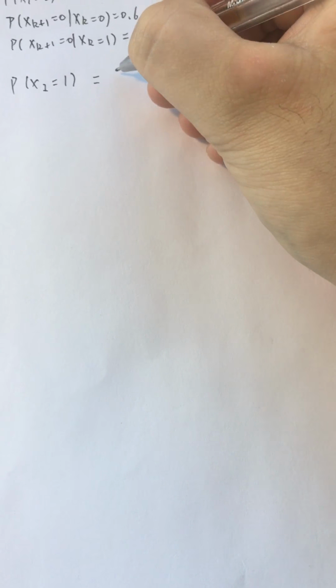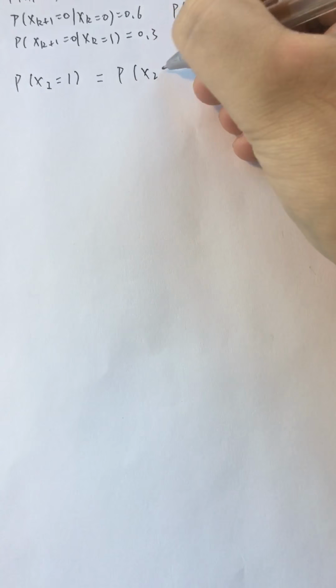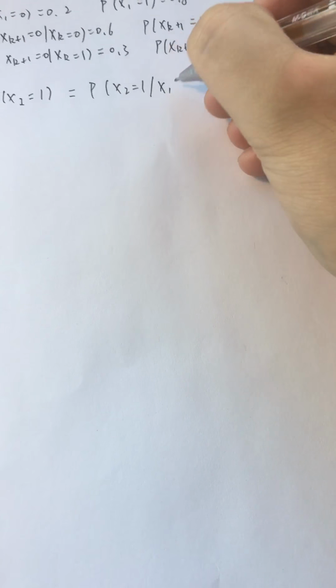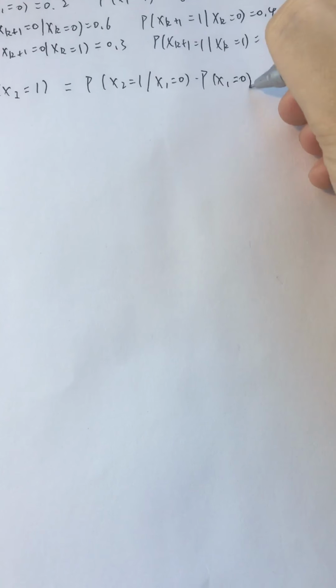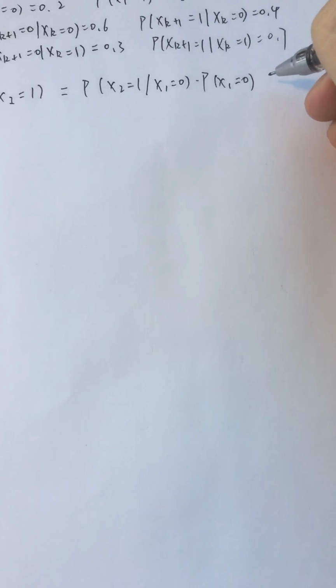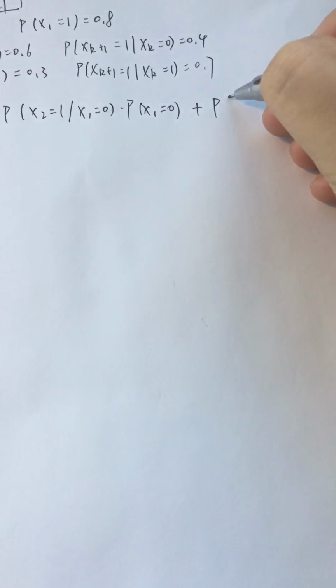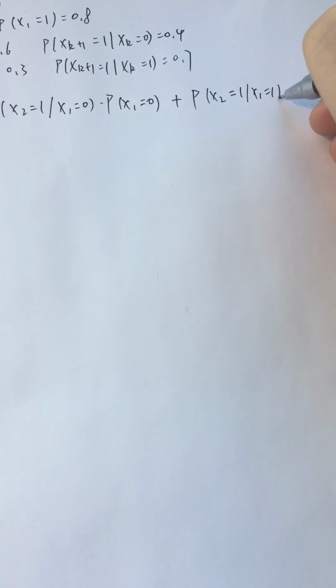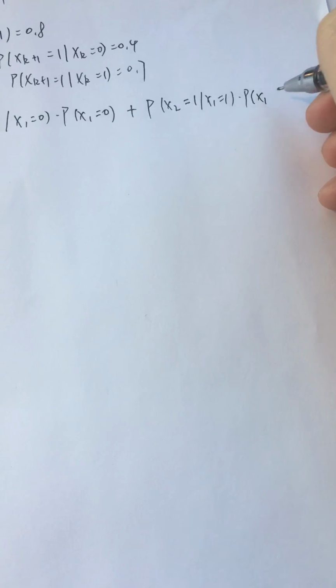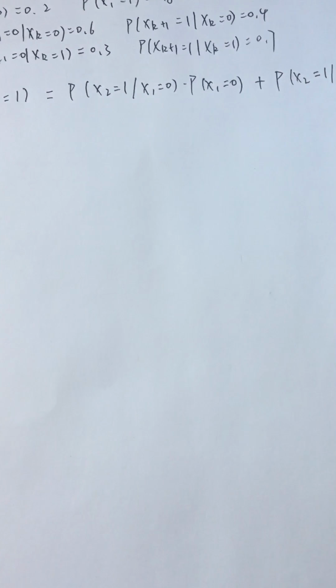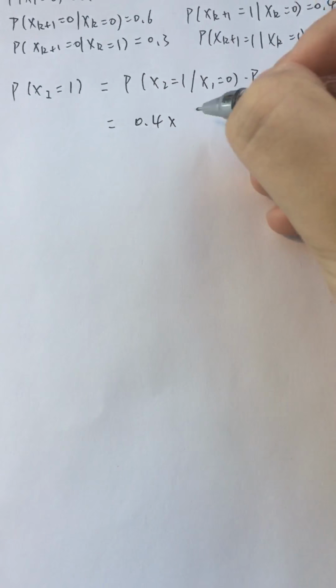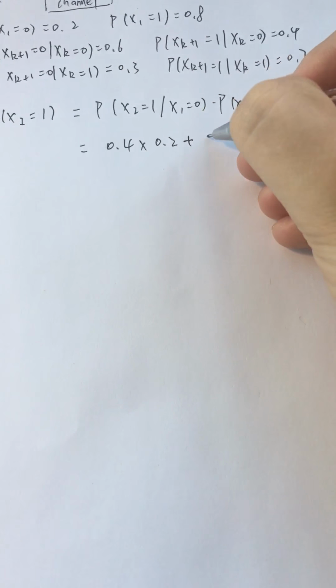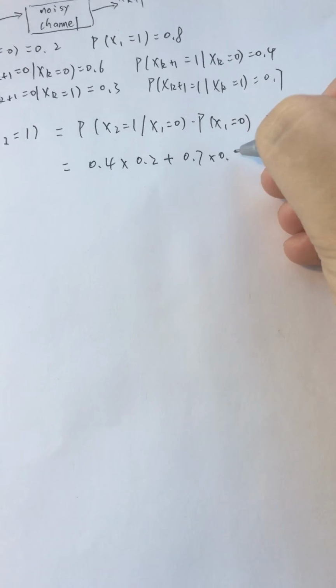This probability equals the probability of x2 equals 1 given x1 is 0 times the probability of x1 is 0, plus the probability of x2 equals 1 given x1 is 1 times the probability of x1 is 1. So this probability equals 0.4 times 0.2 plus 0.7 times 0.8.